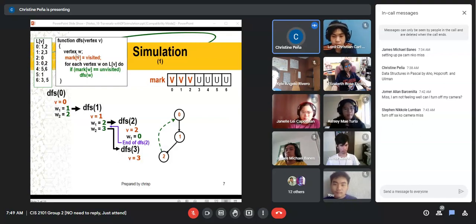So we go back again to the red color statement. You mark 3 visited. So it's visited. And then for each vertex adjacent to 3, they are visited. Why 1 to 3? Because 3 is adjacent to 1 here.